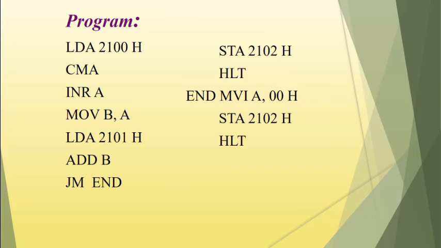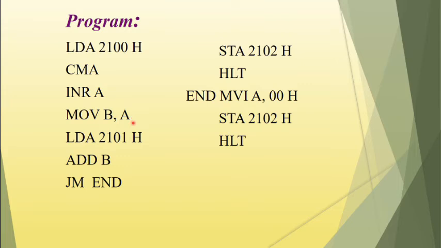The program is like this. We have to load the accumulator from memory location 2100H. Thereafter we use the command CMA to complement the contents of the accumulator, and INR A to increment the accumulator.